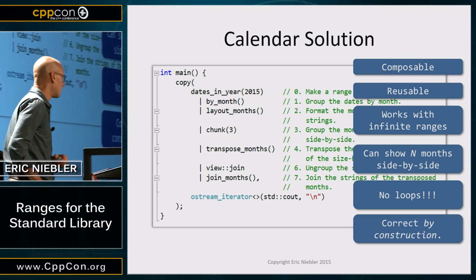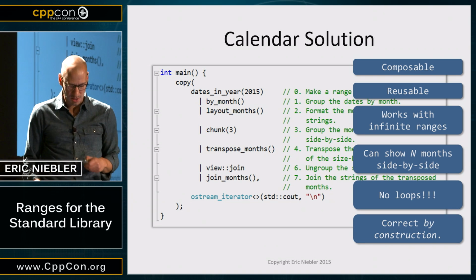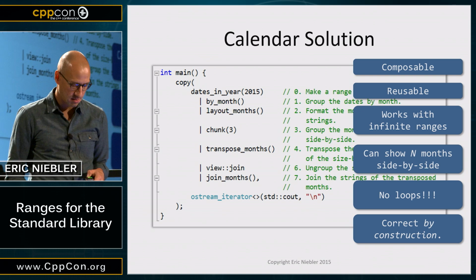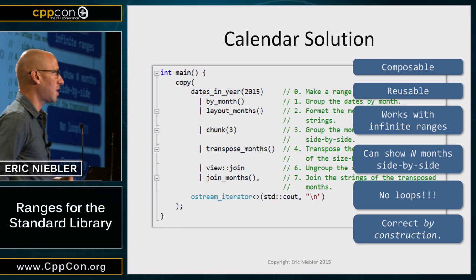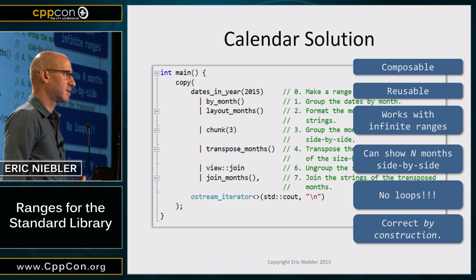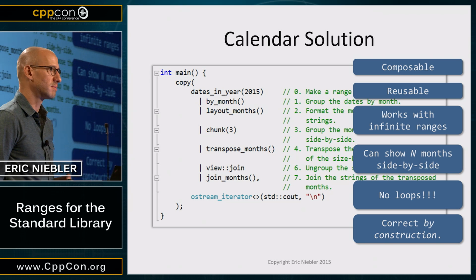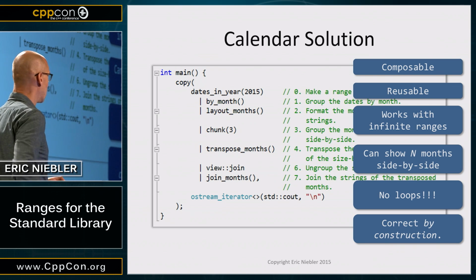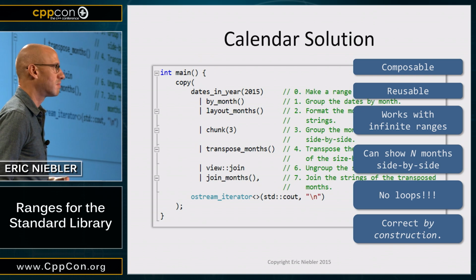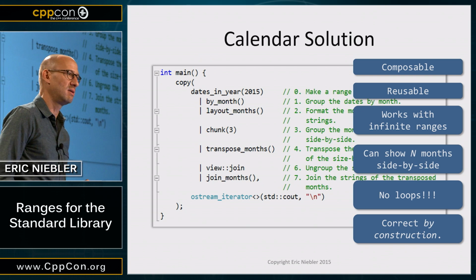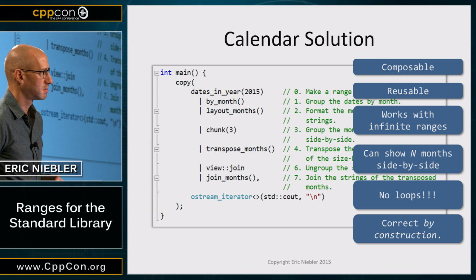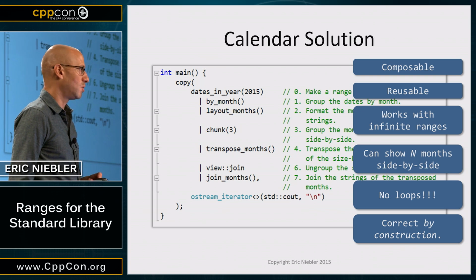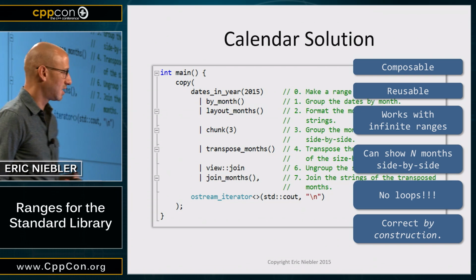No loops. This code is correct by construction. What I mean by that is, I don't really have to do a whole lot of work to prove to myself that it's correct. I built it so that it's correct. There's no state that's getting mutated that I need to reason about. No loops that are doing any complicated things.